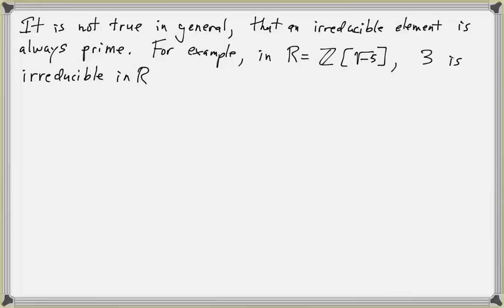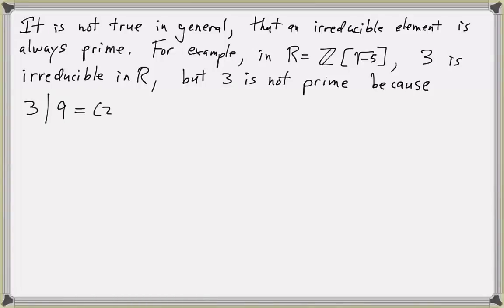in this ring R, but 3 is not prime because 3 divides 9, which is the product of two elements, 2 plus square root of -5 and 2 minus square root of -5.